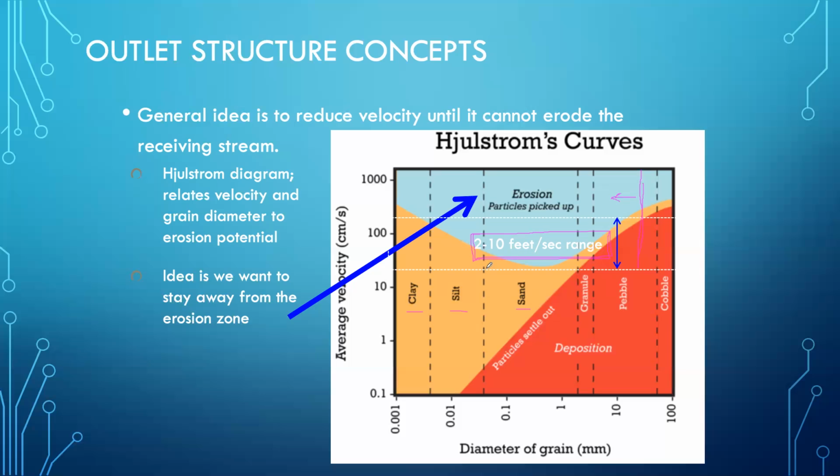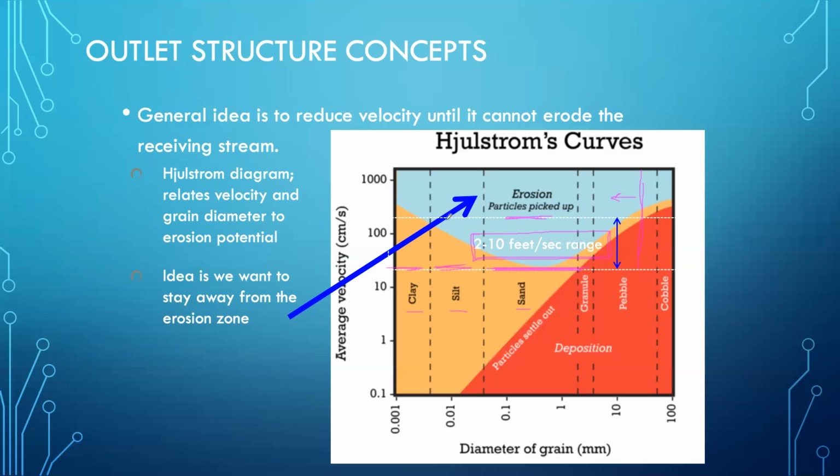If we get to the lower end of the range, down here, and we're discharging into a mostly sand stream, we'd probably be okay. But at the upper end of the range, we're going to erode everything. If we're depositing at the lower end of the range, mostly into a clay stream or a silt stream, also okay.